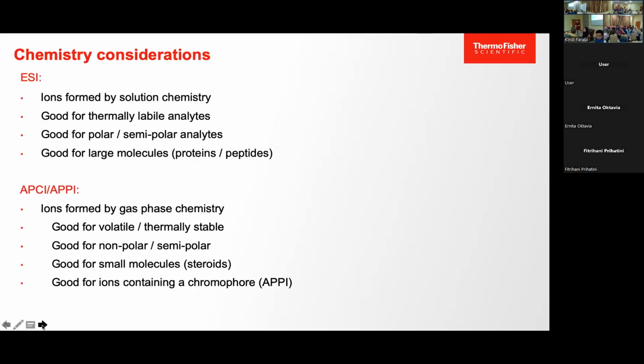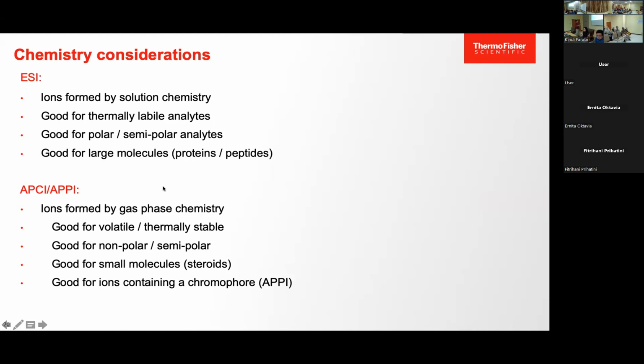Okay, these are the two ionization methods for LCMS. You have ESI, which stands for electrospray ionization. You also have APCI, atmospheric pressure chemical ionization, or APPI. What's the difference? One is for polar and semi-polar compounds, the other is for non-polar. For example, if you are dealing with large molecules, proteins, or peptides, you need ESI.